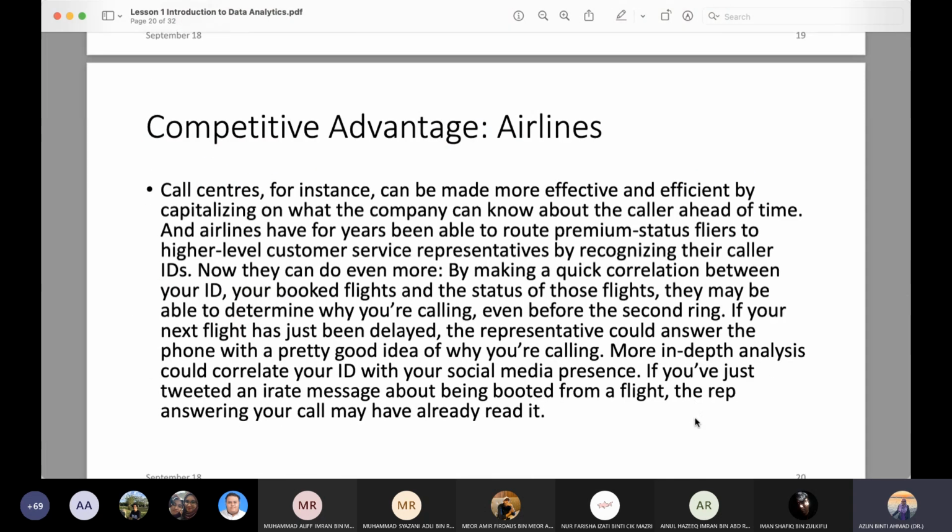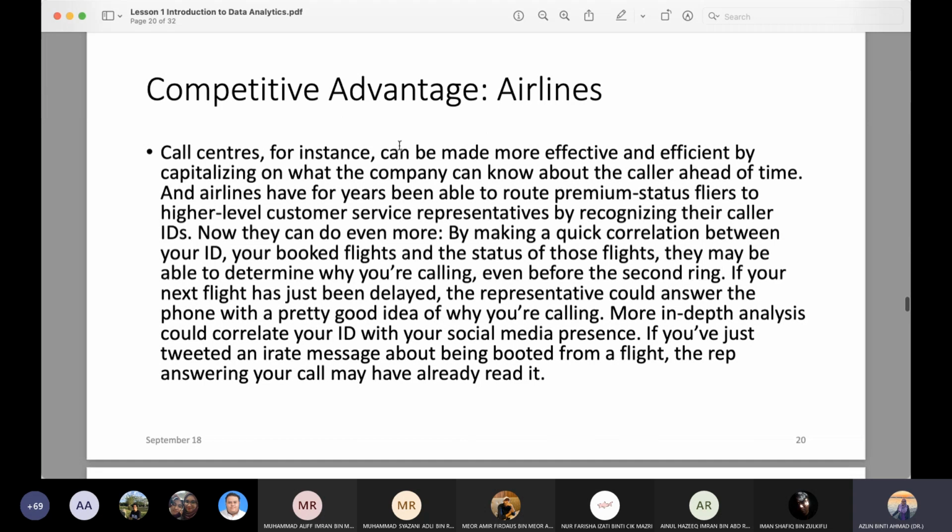Okay, the next one is another case study about airlines. Okay, for competitive airlines advantage. So this is about the call center for an airlines company. It says that call centers can be made more effective and efficient by capitalizing on what the company can know about the caller ahead of time.